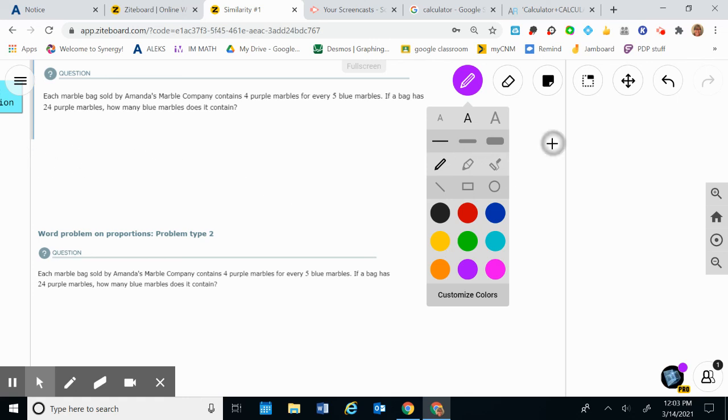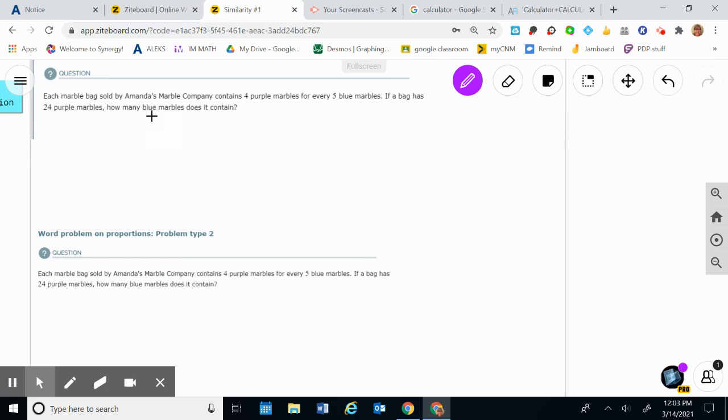Okay, here we go. Last one for this particular set of notes. This is, again, a real world problem, but problem type 2. Each marble bag sold by Amanda's Marble Company contains 4 purple for every 5 blue. So that is a 4 to 5 ratio. That is purple over blue. I recommend writing it if you need to, you guys. Sometimes it's just helpful.